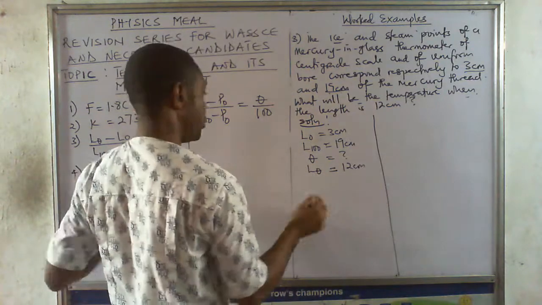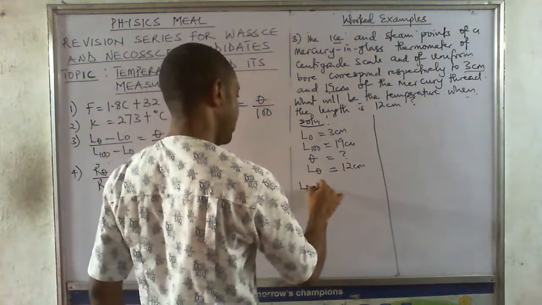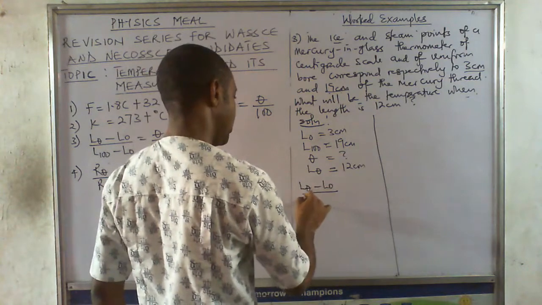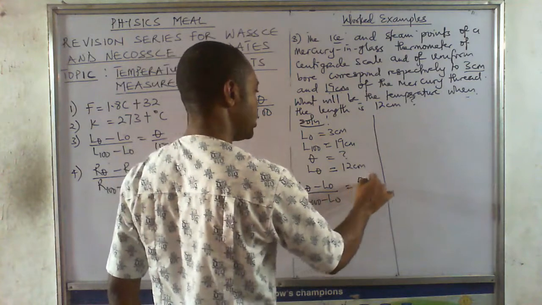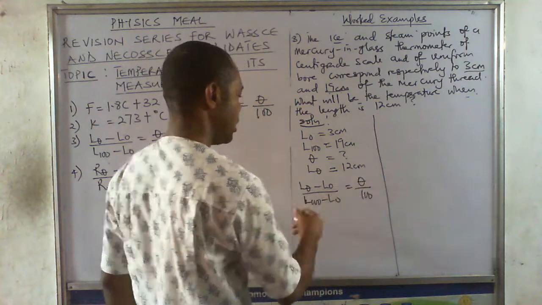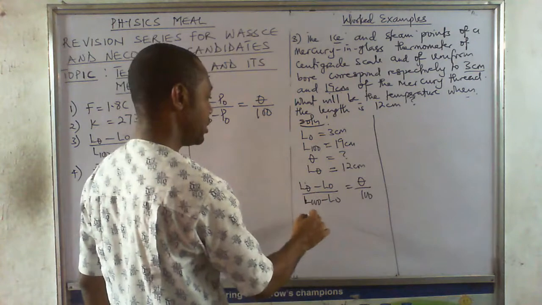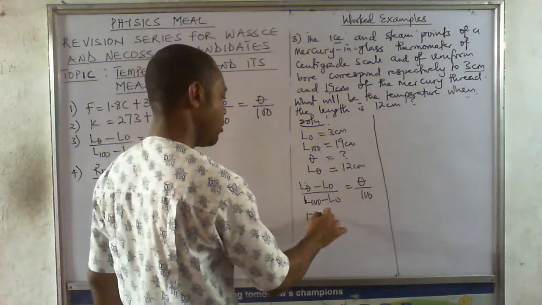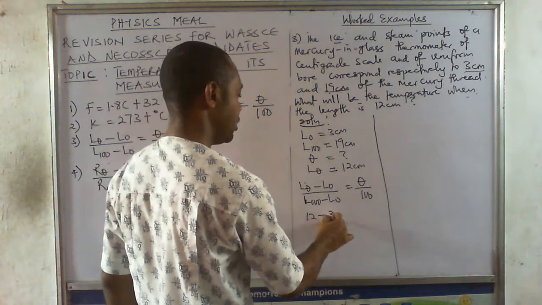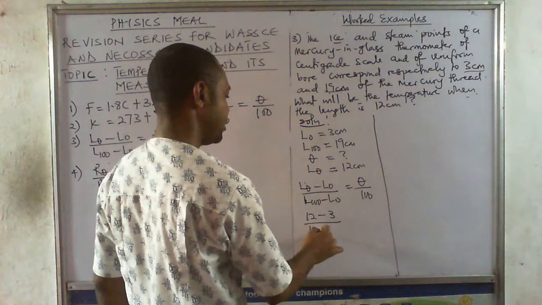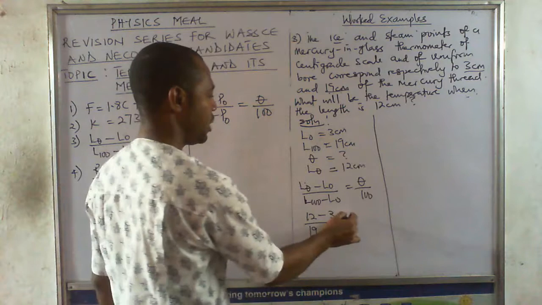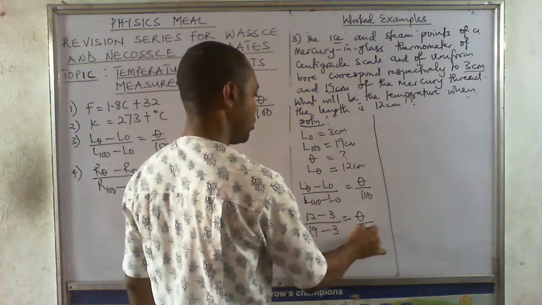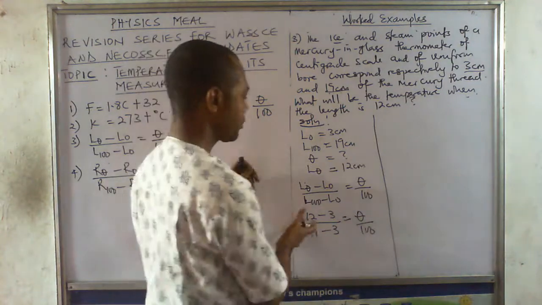Our business is still very simple. We know who to use. We have L theta minus L naught, all upon L 100 minus L naught equals theta over 100. If you substitute, L theta is 12 minus 3, all upon 19 minus 3. That's what you have. It's equal to theta over 100. Okay?